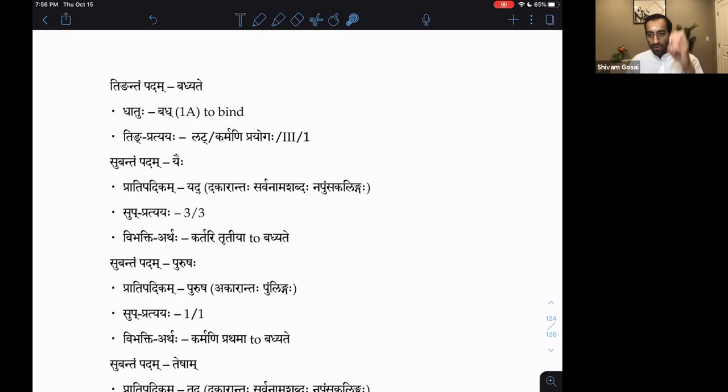When we're in karmani prayoga, third case can be the doer. I mean, sorry, the doer. Third case can be the doer of action, kartari. So we remember that? That was a long time ago that we talked about that. In karmani prayoga, third case can be the doer, and that happens a lot.